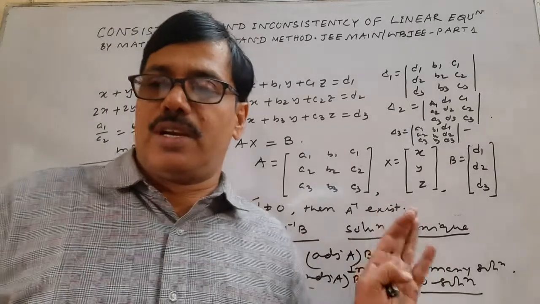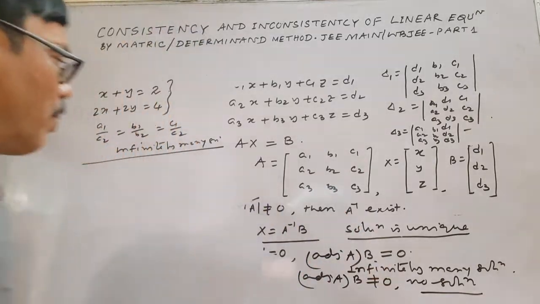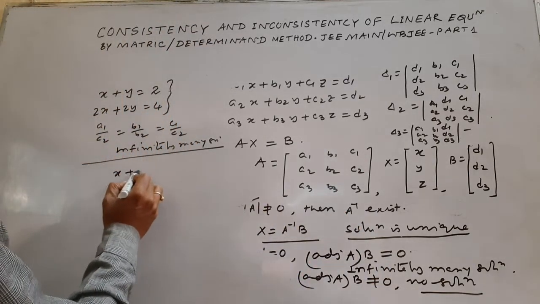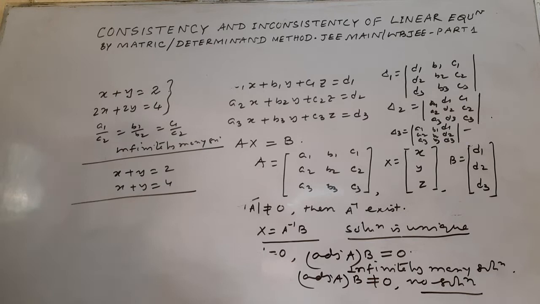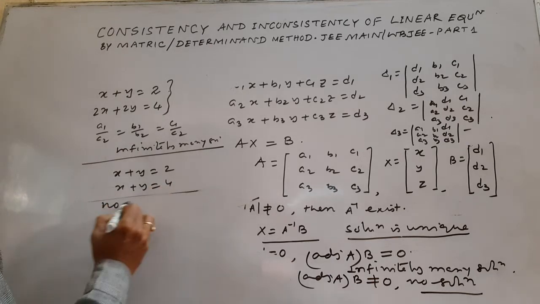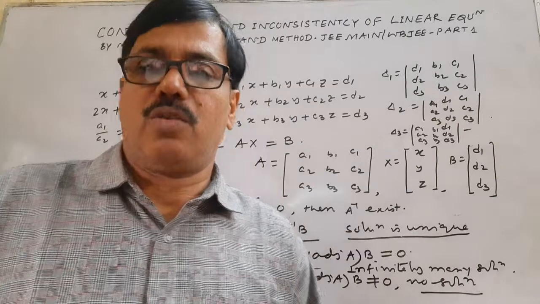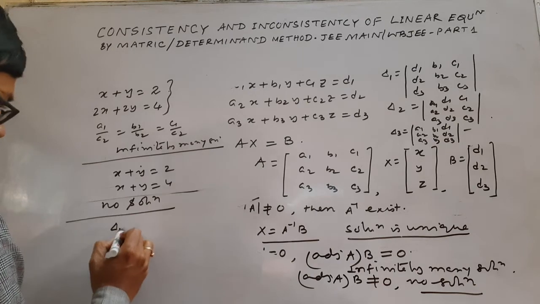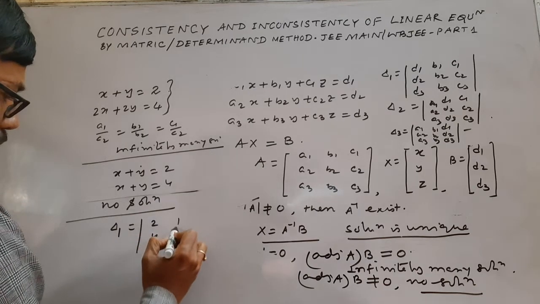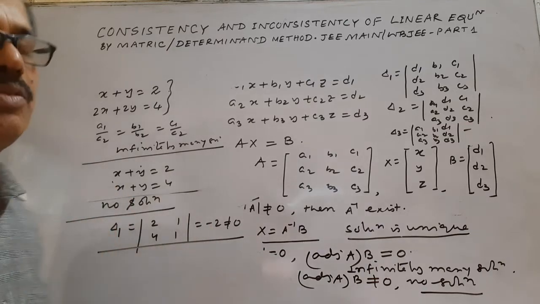In this case, we get delta 1 equals delta 2 equals 0, and delta is obviously 0. Now, if x plus y equals 2 and x plus y equals 4, then they represent parallel lines, no solution. Here adjoint of A into B is not equal to 0, or delta 1 is not 0. Look at delta 1: 2, 4, 1, 1, so minus 2, not equal to 0. That is why no solution.